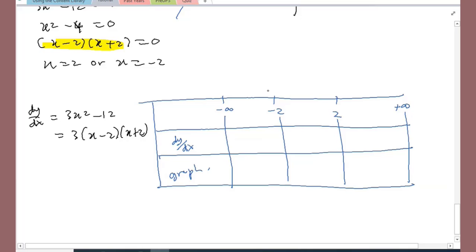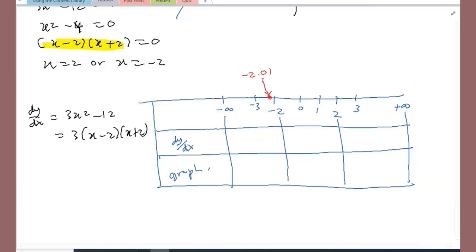Let's say near negative 2, take negative 2.01, because sometimes the graph changes its pattern.